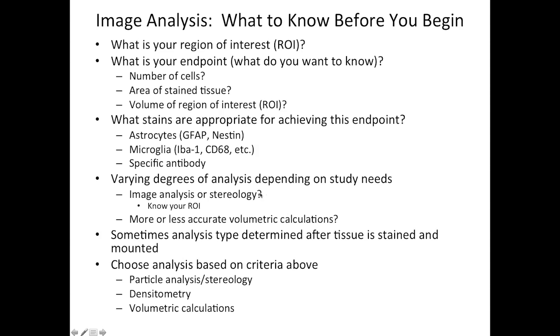So another criteria to keep in mind is we don't always know what analysis type is needed until we actually see the stained tissue. So once the tissue is stained and mounted on the slides, then we'll get it under the scope, take a look at it and say, this looks like a good candidate for densitometry or particle analysis, volumetric calculations.